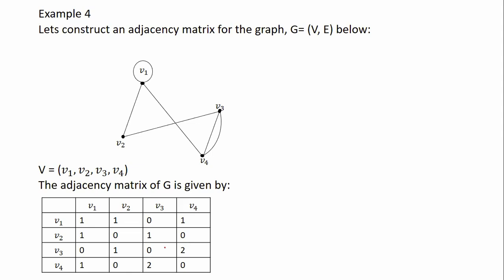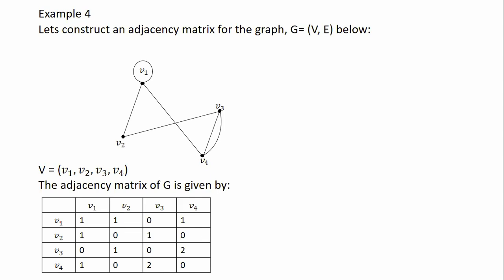So in the matrix, on the first row, we write all the vertices in order: V1, V2, V3, V4. Now the first column has the same vertices, because we want to see if two of them are adjacent to each other. If so, we make it 1.